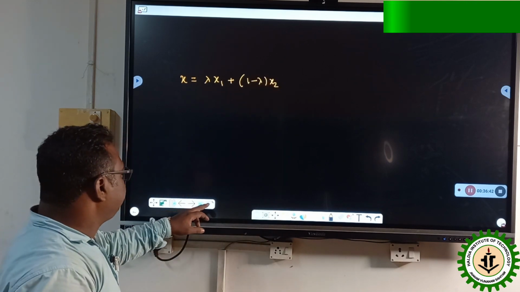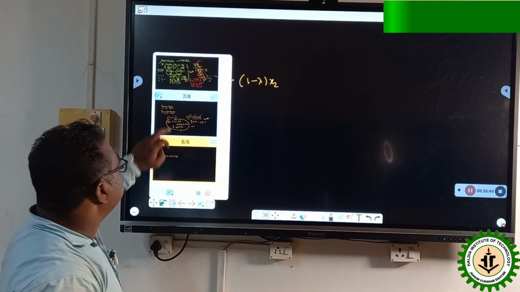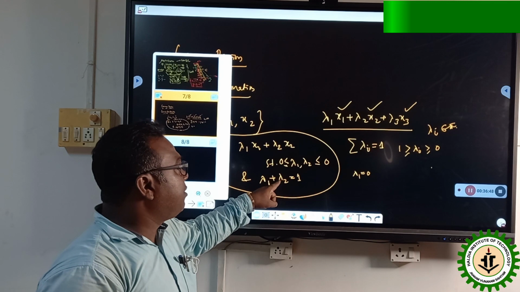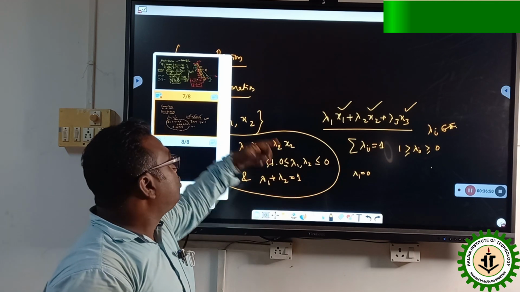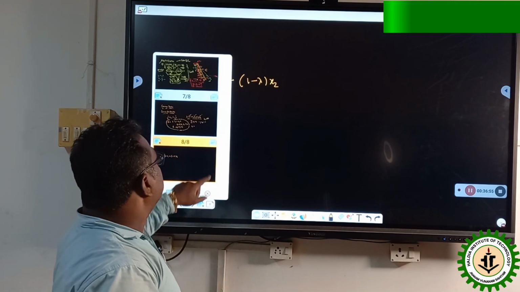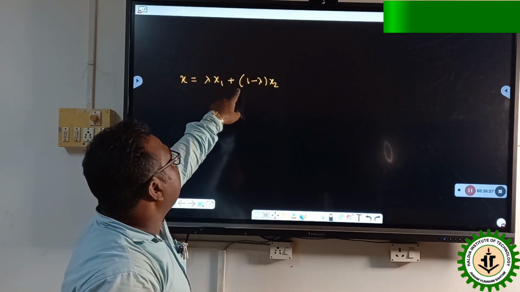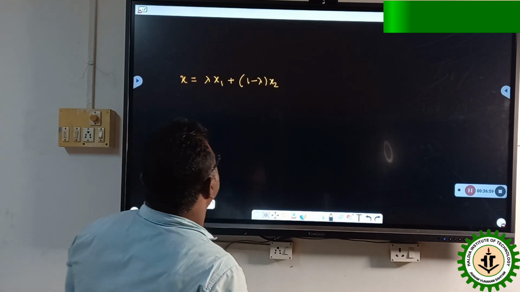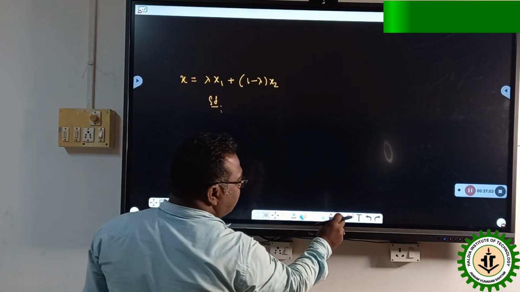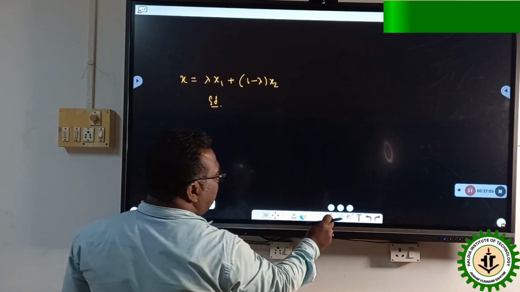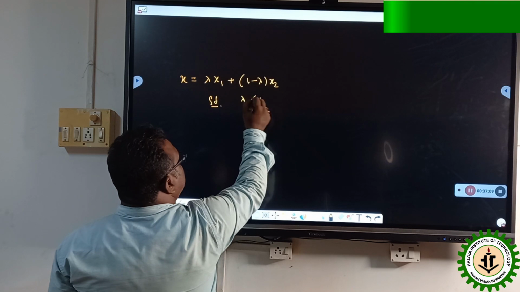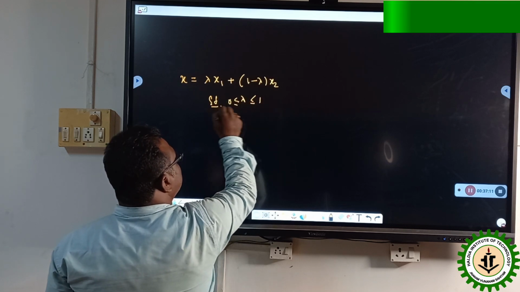Just see here, lambda 1 plus lambda 2 equals 1, so lambda 2 equals 1 minus lambda. So we are writing it in this way, lambda into x1 plus 1 minus lambda into x2, such that lambda is less than or equal to 1 and greater than or equal to 0.